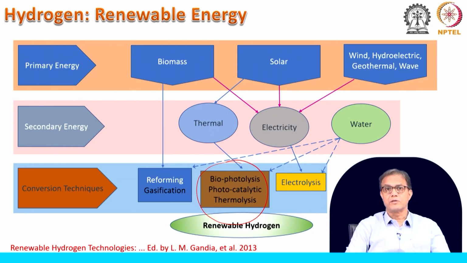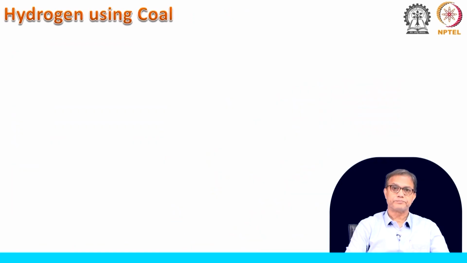But at the same time, for immediate application of hydrogen technology as a fuel in the near future, we must look into non-renewable energy based hydrogen. The primary component of non-renewable energy here is basically coal.